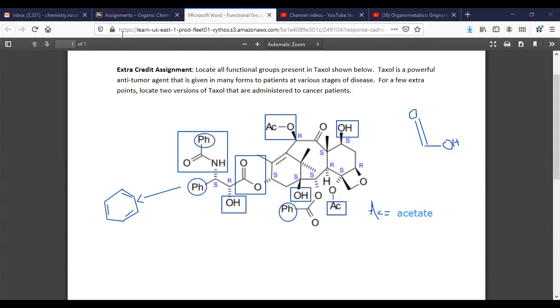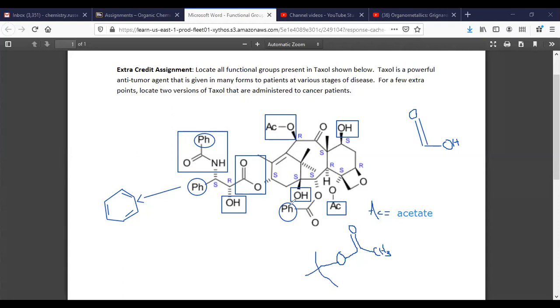So it's O, like this, and that's connected to a carbonyl, which is connected to a methyl group. So that OAc looks like that. So that's what's connected right here. So it's O, C double bond O, CH3, right? So all of those are esters.